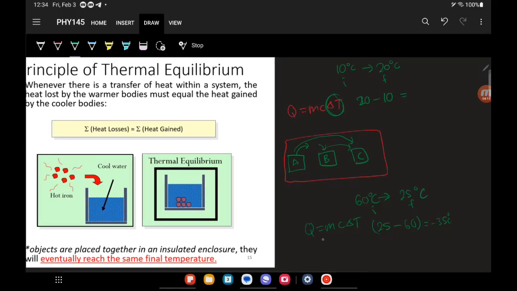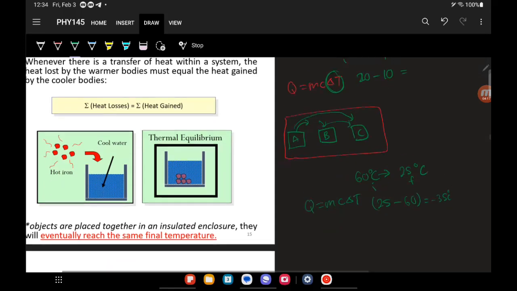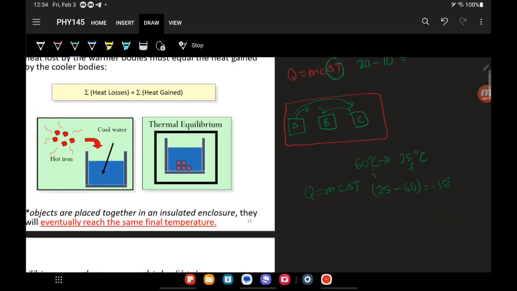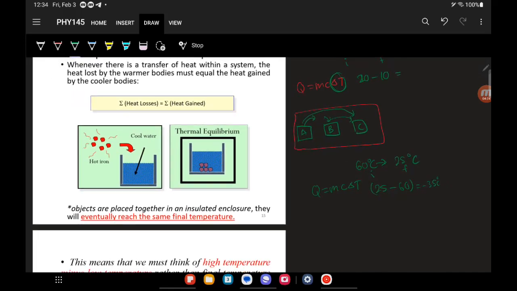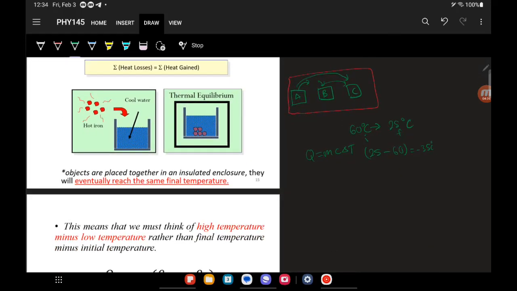So it means that this object will lose heat energy.